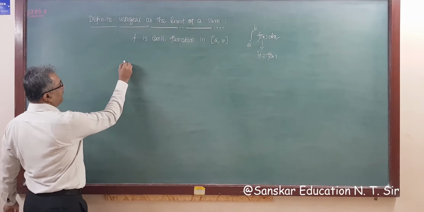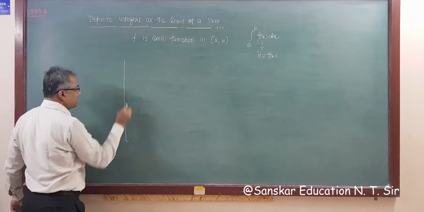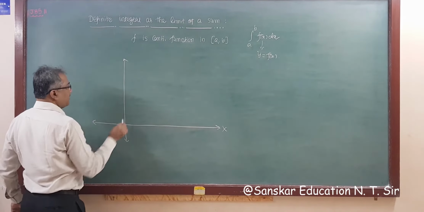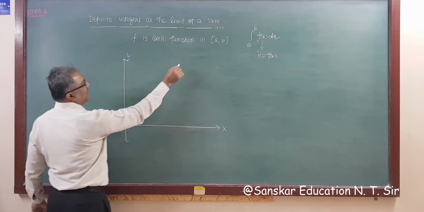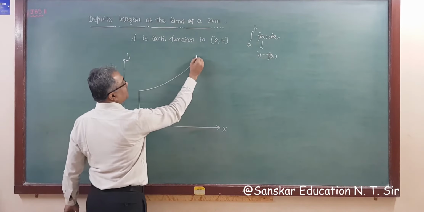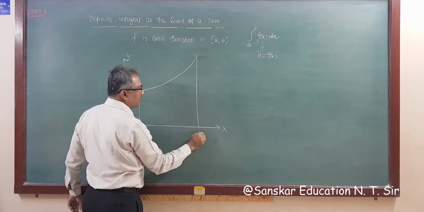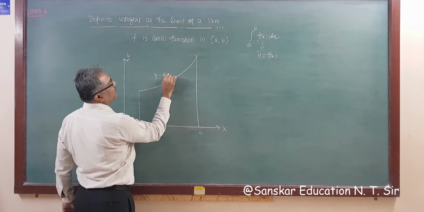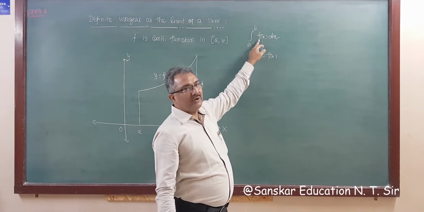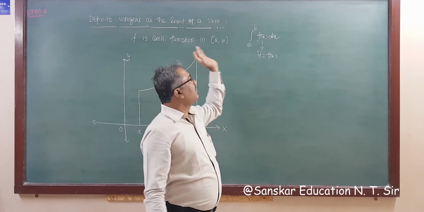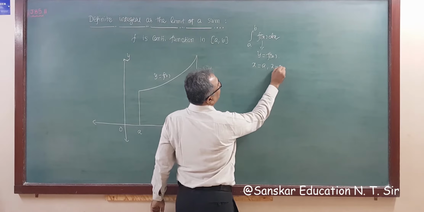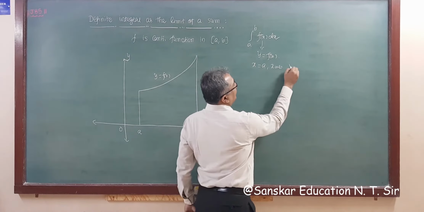That means if we have an x-axis and y-axis, this is the x-axis, this is the y-axis, this is the origin, and suppose this is a curve y is equal to f(x) in closed interval AB. As you see, this is a continuous curve, y is equal to f(x). So the meaning of this definite integration is the area of the curve y is equal to f(x), the lines x is equal to a, x is equal to b, and the x-axis.